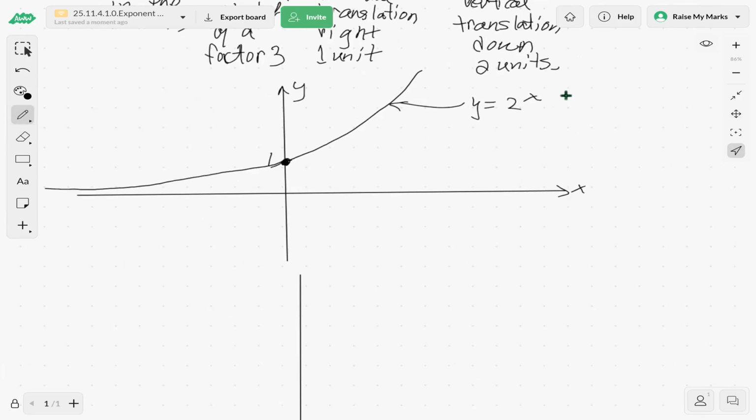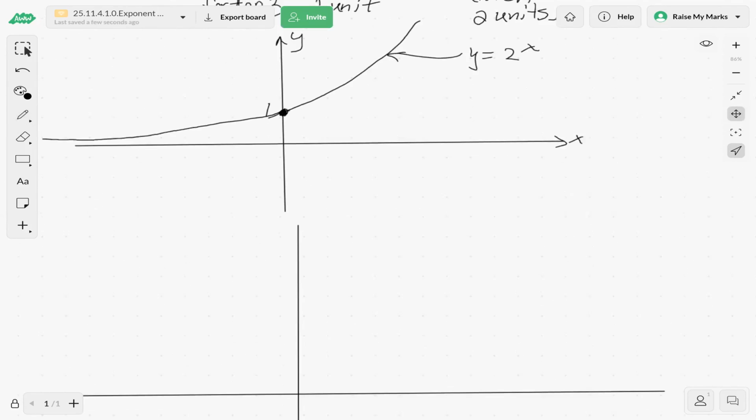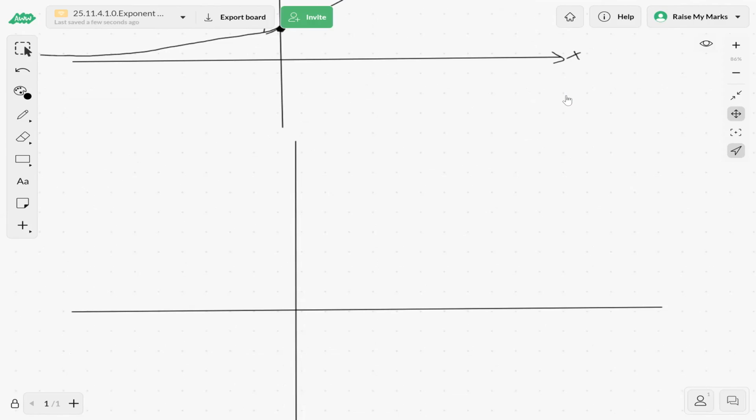When we stretch vertically by a factor of 3, that y-intercept is also stretched, and we end up at 3. Our new y-intercept is now 3, and our horizontal asymptote is still the x-axis.